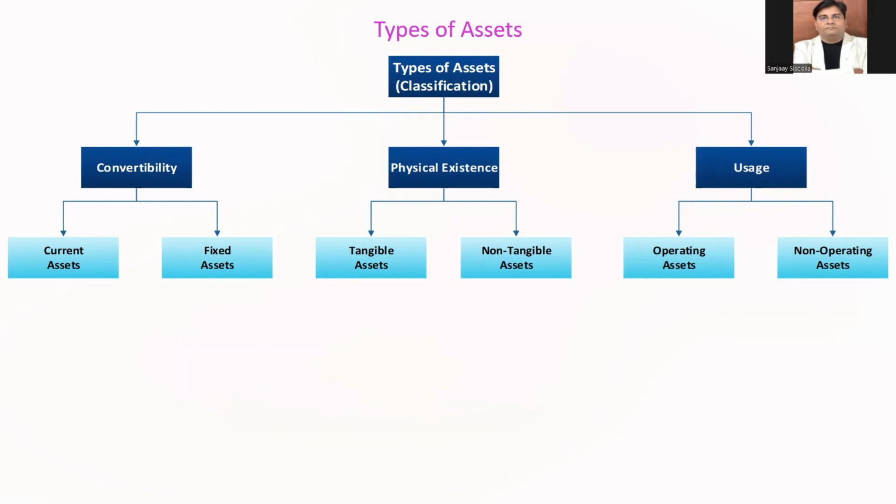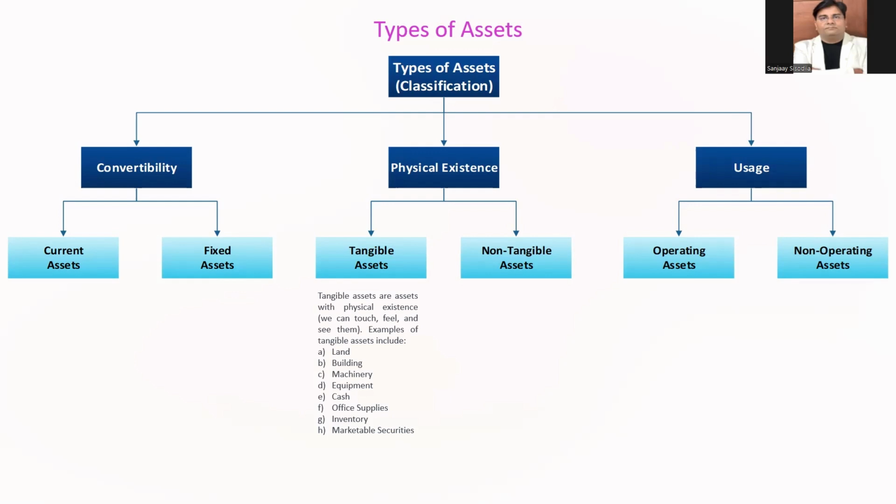Then, on the basis of physical existence, the assets are classified into two categories, that is, tangible assets and non-tangible assets. Tangible assets are those assets which has got a physical existence. We can touch these assets, we can feel these assets, and we can see these assets.